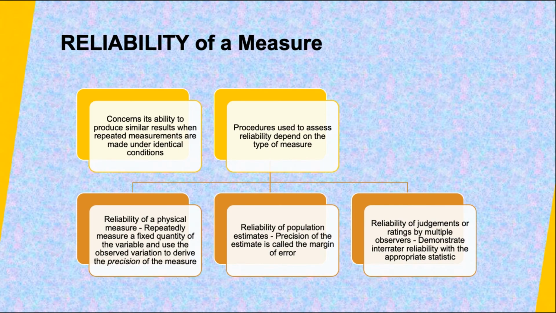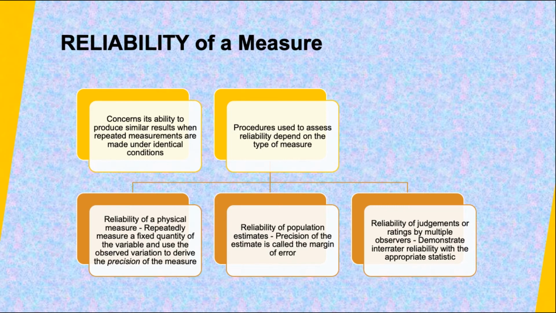What is the reliability of the measures? The reliability of a measure concerns its ability to produce a similar result when repeated measurements are made under identical conditions. For example, imagine weighing yourself several times in quick succession using an ordinary bathroom scale.